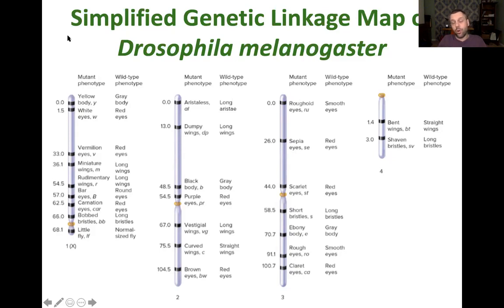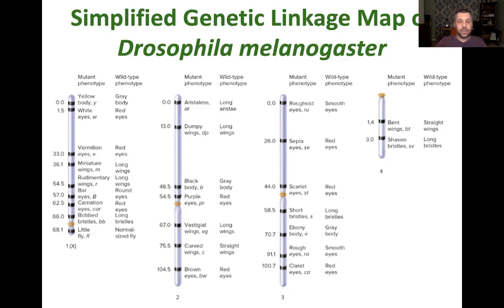There are only 4 chromosomes in fruit flies. This is chromosome 1, also called the X. The black lines along this chromosome represent different genes. Flies are diploid, just like human beings.